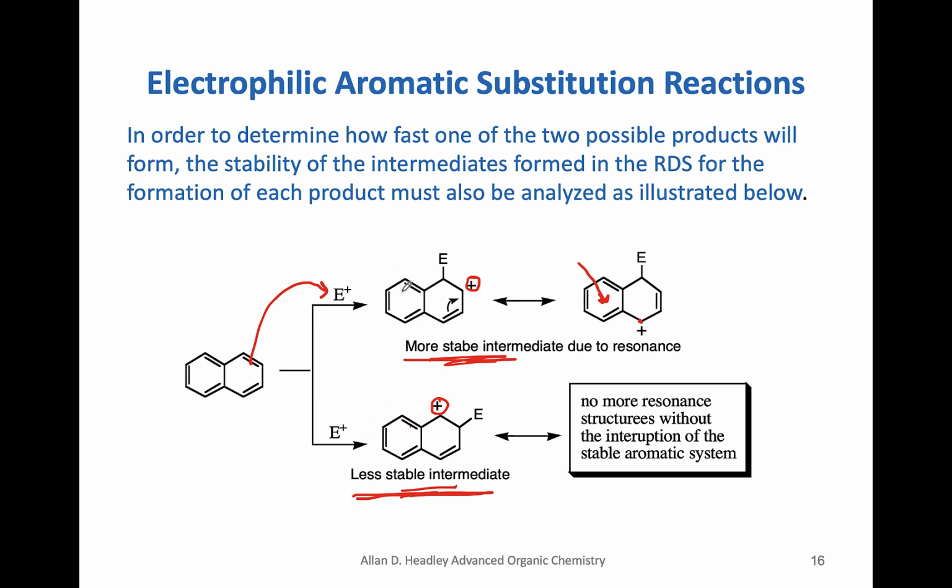If the rate determining step forms a relatively stable intermediate, less energy is required for its formation, hence the overall rate of that reaction is faster because the rate of the rate determining step is faster.